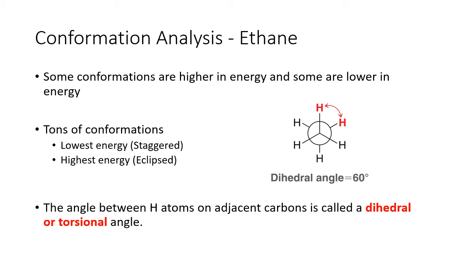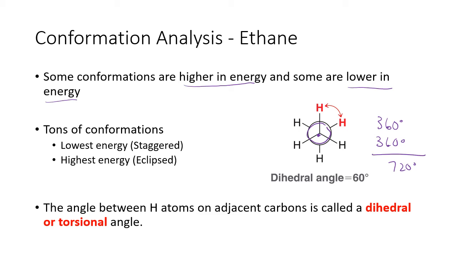So as we saw in the previous slide, some conformations are higher in energy and they are less stable, and some conformations are lower in energy and they are more stable. And there are a ton of conformations. So if you imagine you take your front carbon and you can spin those 3 hydrogen atoms 360 degrees, and then you take that back carbon and you could spin the back ones 360 degrees, that for any projected bond that you're looking down, that means that there's a total of 720 possible conformations.